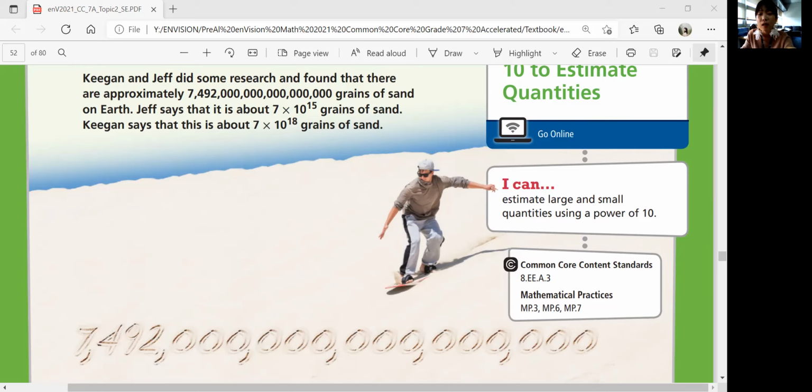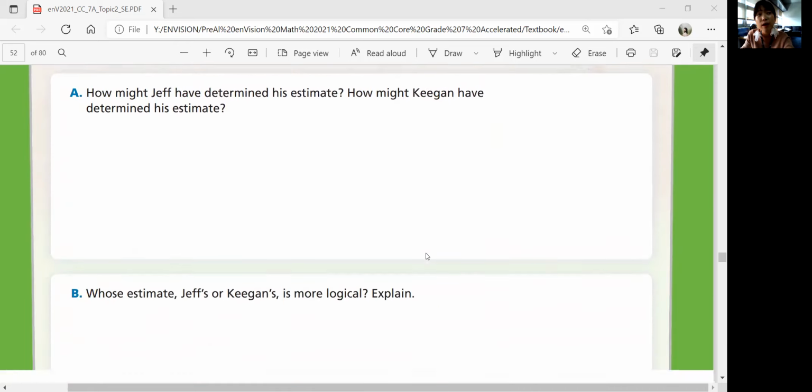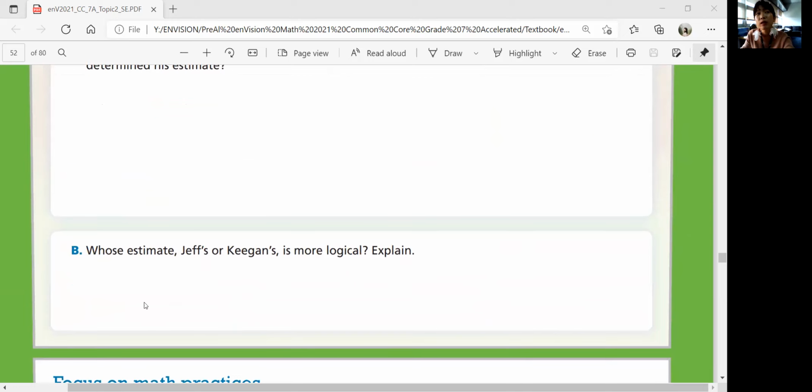Jeff counted 15 zeros in the estimated number and used the number of zeros in the original estimate, 15, as the exponent of 10. Keegan counted 18 places as he moved the decimal point to get to the right of 7. He used 18 as the exponent of 10, right? So that's part A. Whose estimate, Jeff's or Keegan's, is more logical?